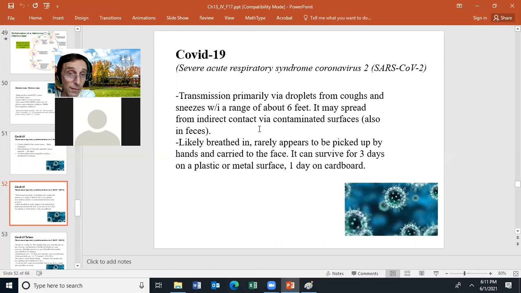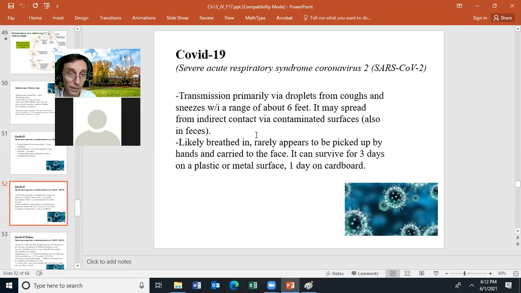It's surprising that COVID-19 isn't picked up by people's hands, because with the flu, that is primarily the way people get infected. They pick it up on their hands, like touching a doorknob or a water faucet or a light switch, and then they self-inoculate themselves by touching a mucous membrane.